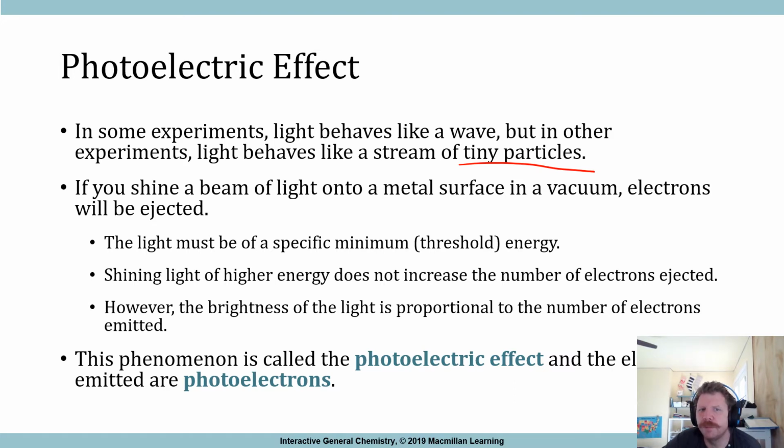The light must be of a specific minimum threshold energy, and shining light of higher energy does not increase the number of electrons ejected. However, the brightness of that light is proportional to the number of electrons that are emitted. This phenomenon is known as the photoelectric effect, and the electrons emitted are known as photoelectrons.